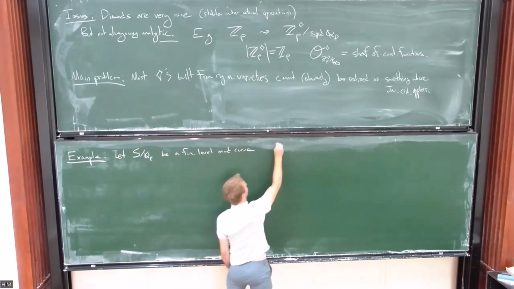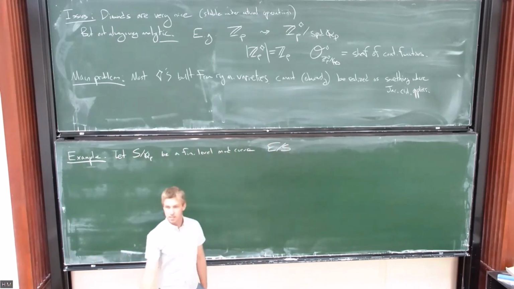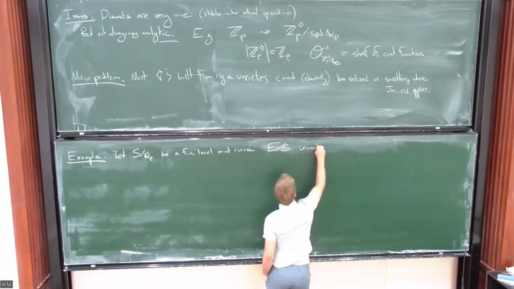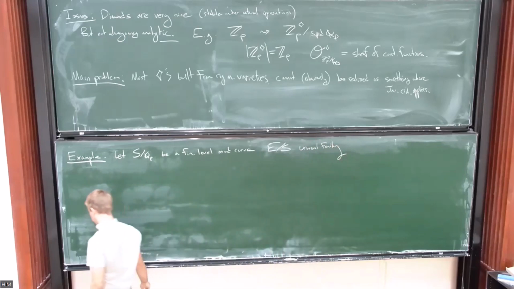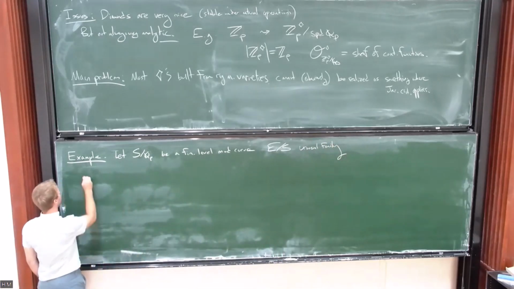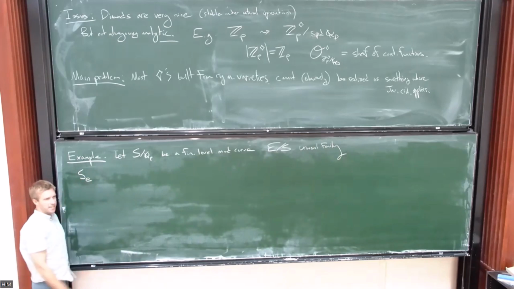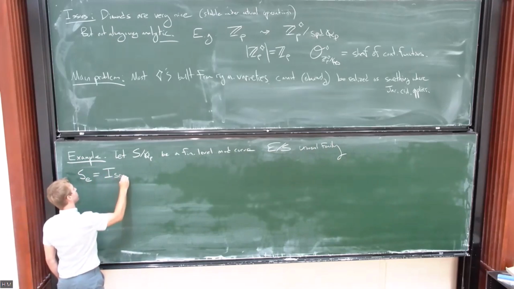I'll write E over S for the universal family of elliptic curves. And then I'm going to let S sub E, where this E stands for the identity element in a group. The group is GL2(ZP).